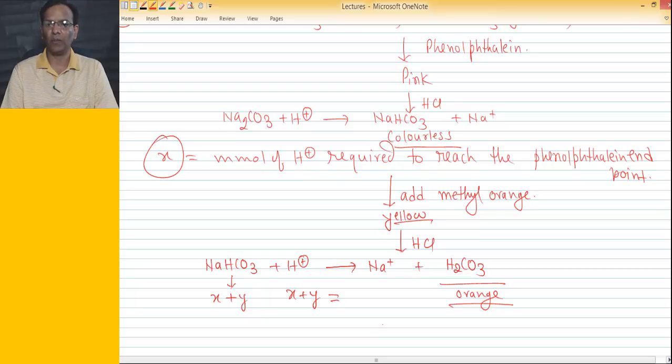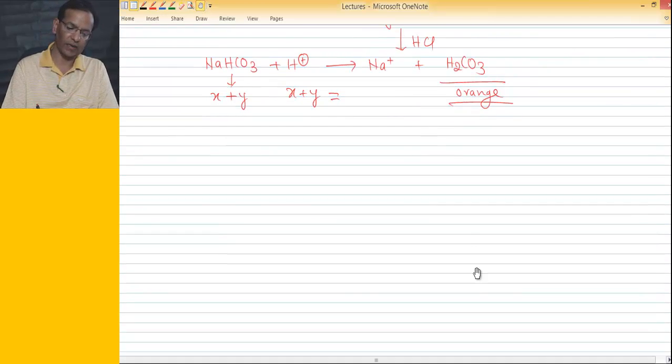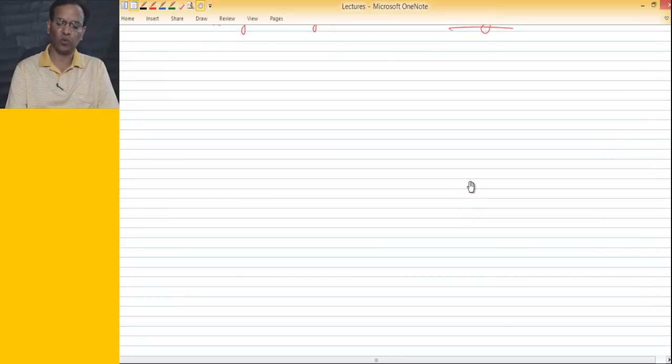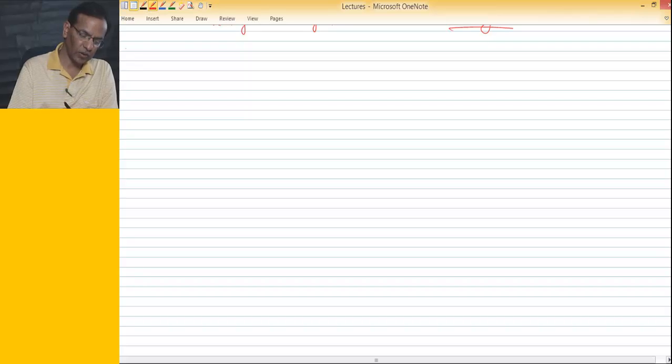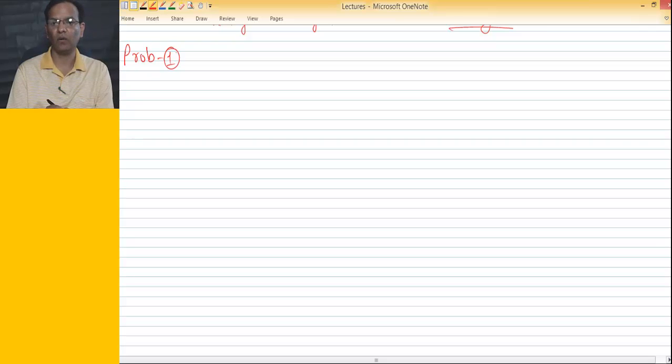Now it would be better if we apply them in solving some of the numerical questions usually asked in IIT JEE. So let us start working on the role of these two indicators through problems. So let us start with a simple problem. Problem number 1.